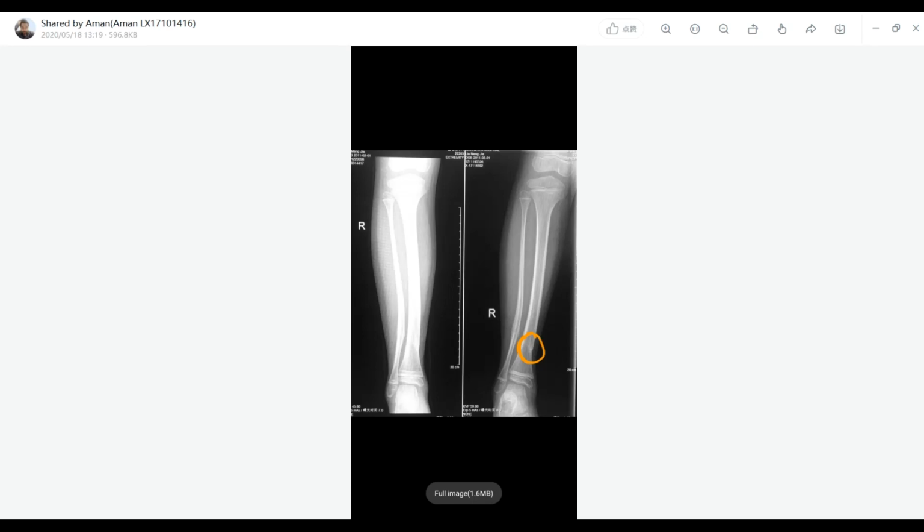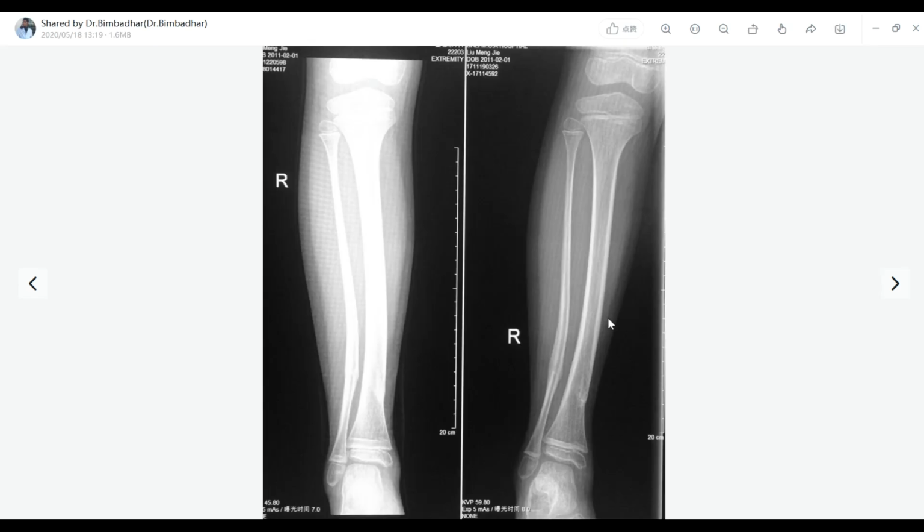You see here, this picture was actually taken, I can say, around 2016. In 2016, it means this is a 5-year-old person. So what patella are you talking about here?